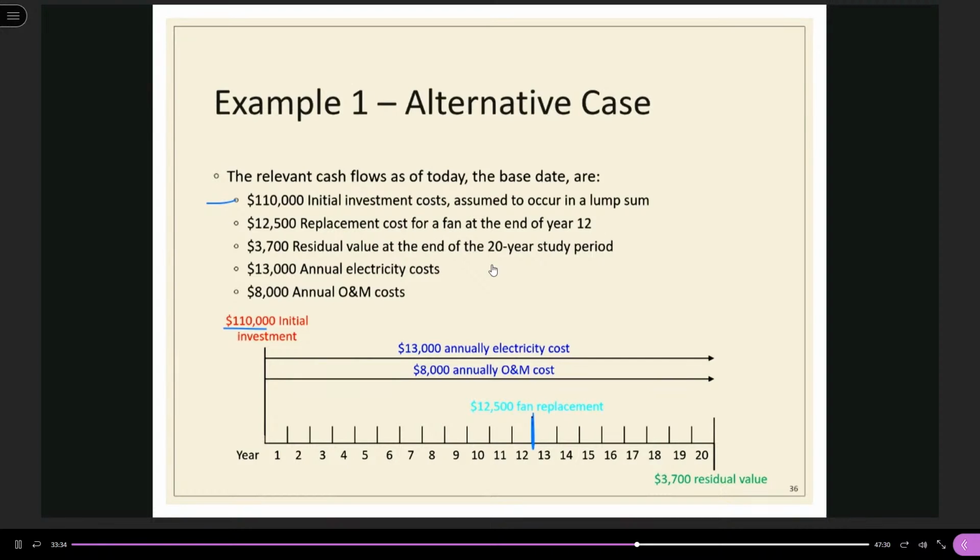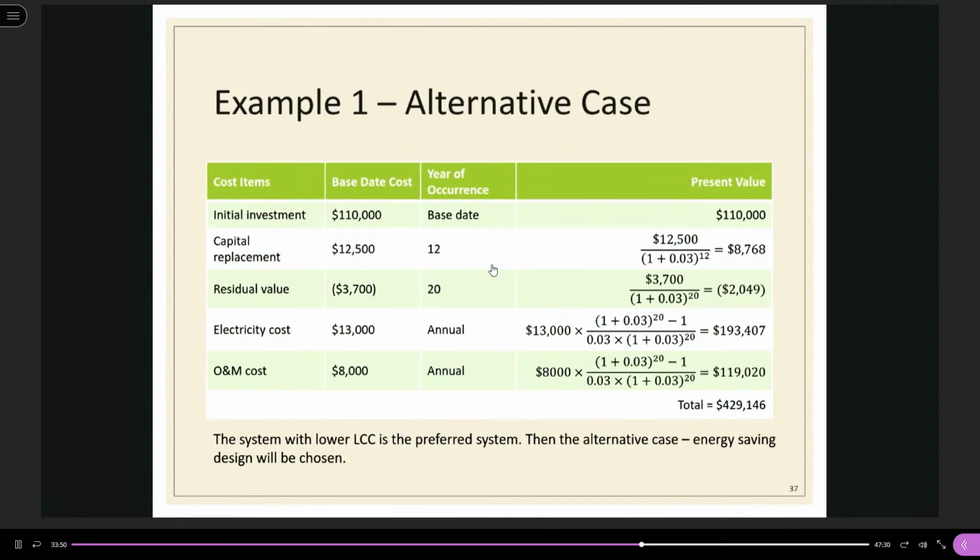Okay, this payment and the residual value, once again, it is a negative value. And the annual electricity and the annual operating and maintenance costs. So just the same calculations, we put them into the equations, and this is the life cycle cost value.